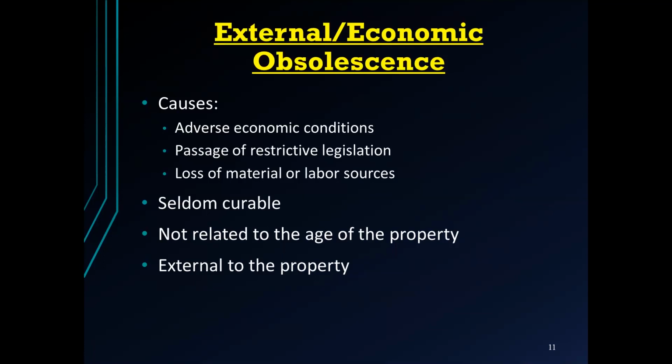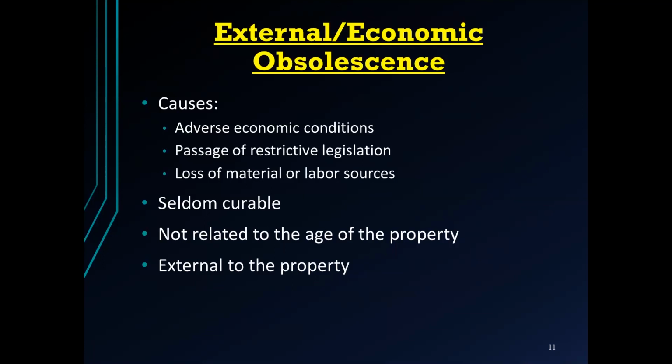Another one could be the passage of restrictive legislation. Again, something outside of the property owner's control. Let's say tomorrow, what was it, Amendment 64 that legalized recreational marijuana, let's say that was repealed tomorrow. And now all of a sudden, all of these recreational marijuana shops couldn't do business anymore.